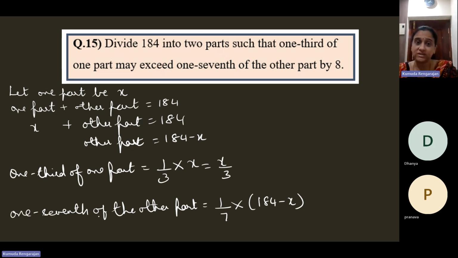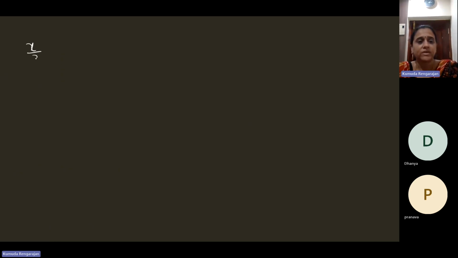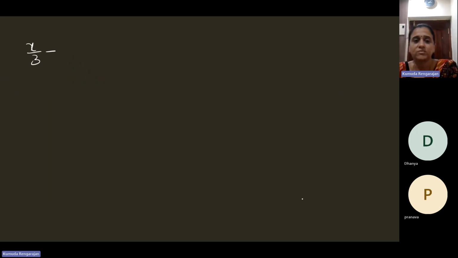1/3 of one part is more than the other, so this is big and this is small. How do you construct the equation? The bigger value minus the smaller value is equal to the difference, which is 8. So the big one is x by 3 minus the smaller one, 184 minus x by 7, and the difference is 8.